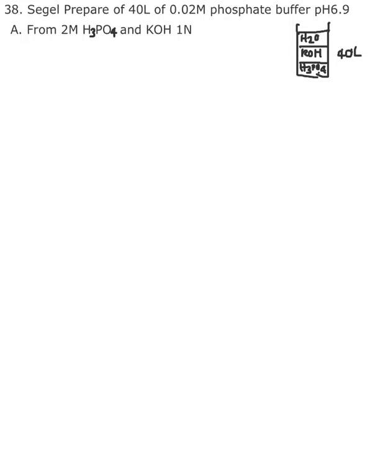So first, I would begin by finding the amount of H3PO4 that you need to prepare in the beaker. For the phosphate buffer of 40 liters of 0.02 molar, the phosphate ion will only come from H3PO4. So you need to calculate the moles of phosphate in the solution that you need.